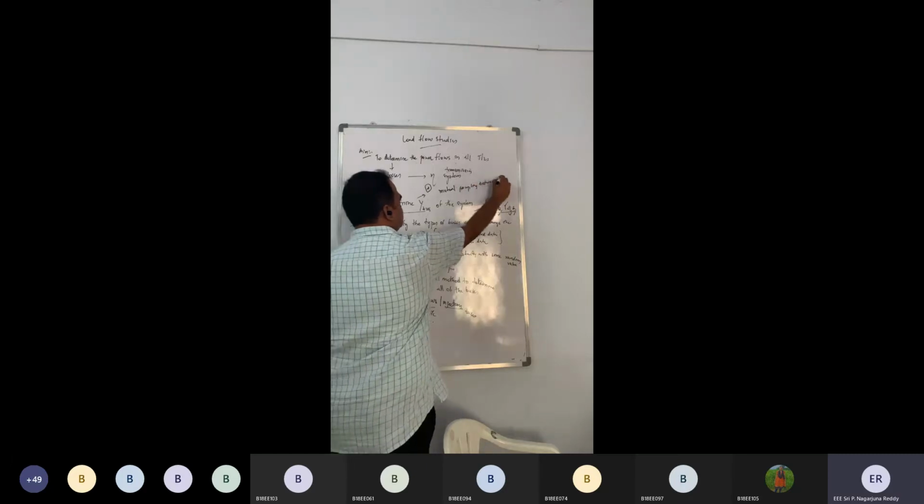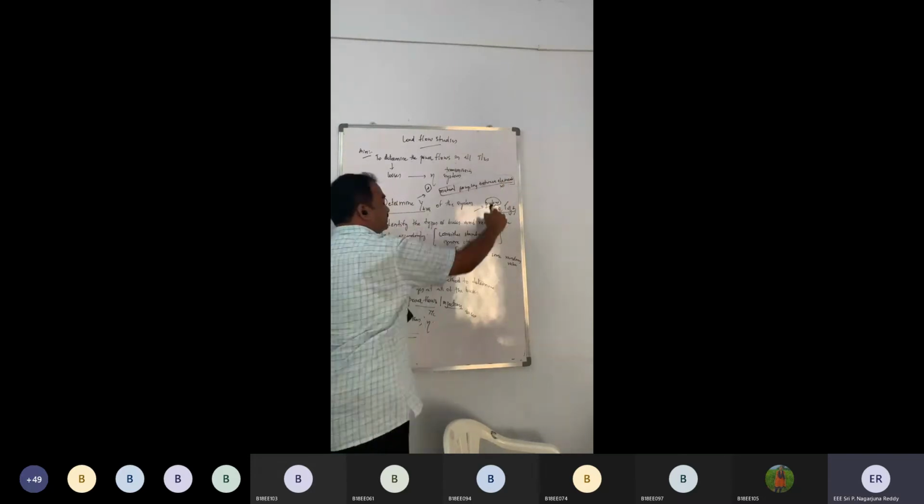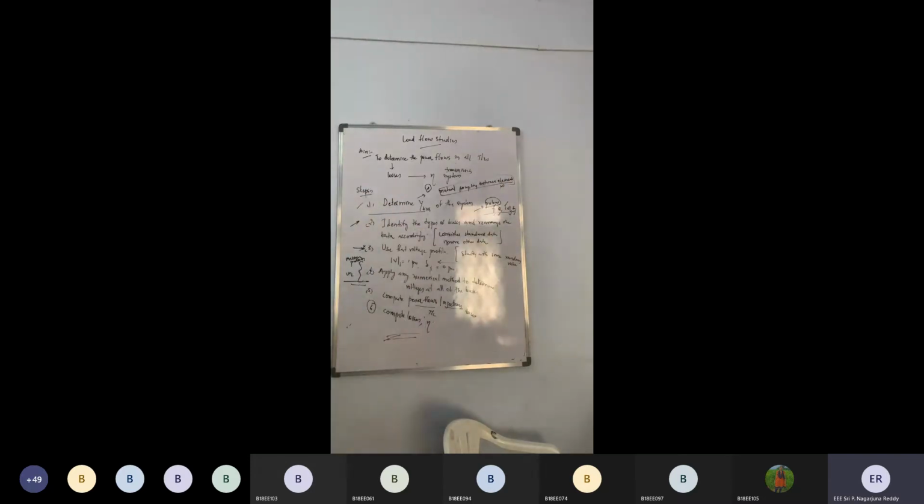Let us suppose your transmission lines have mutual coupling between them, then it is difficult to apply the direct inspection method for computing Y bus. All of you going for competitive examinations, note down this point. The biggest limitation of the direct inspection method is when you find mutual coupling between the elements.